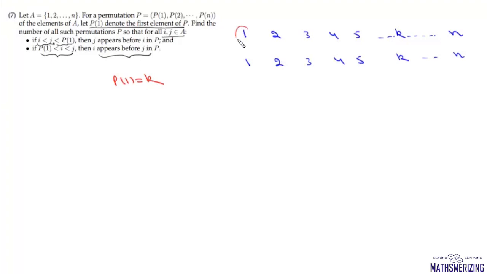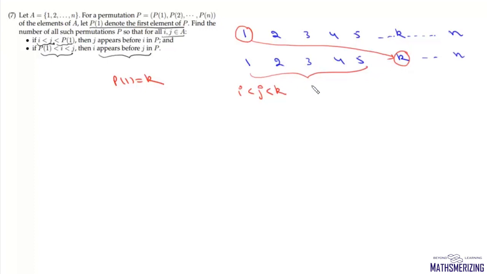So that means the first position is mapped to this number k. Now the condition says if i is less than j and it is less than k, so for all the numbers which are less than k, which in this case is 1, 2, 3, 4, 5 up to k minus 1, j should appear before i in P.